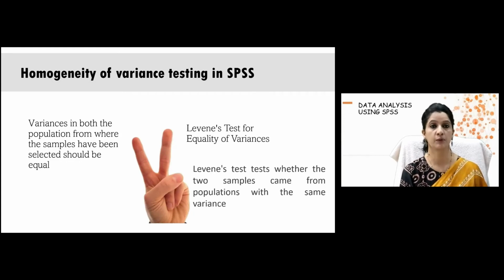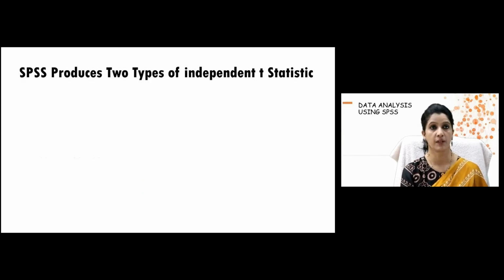If the p-value is less than 0.05, this homogeneity of variance criterion is not met. So here also, like Shapiro-Wilk, the value of p should be more than 0.05 to meet this criterion, because the null hypothesis says that there is equality of variance.